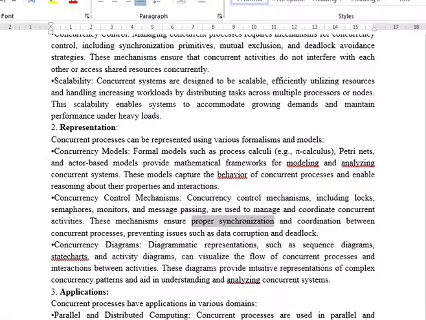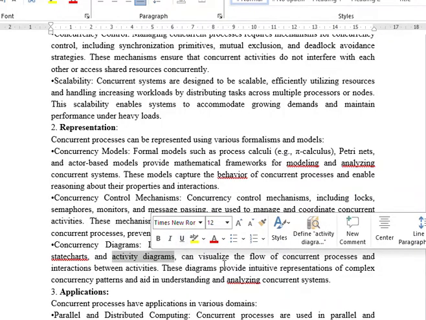What are concurrency diagrams? In a concurrency diagram, the representation is in diagrammatic form, like sequence diagrams. Why? Because the processes run in parallel, they can be represented like a flow chart or a sequence, or with activity diagrams and state charts that visualize the flow of the concurrency process.